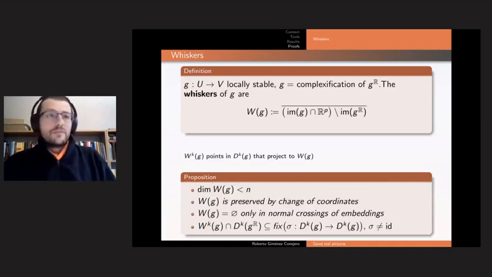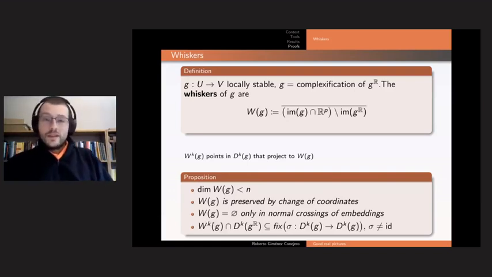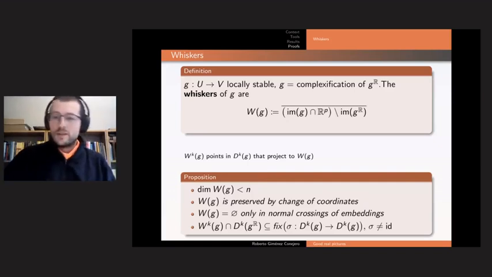And this is a bit more technical. Okay, so now we are taking the multiple point spaces, the multiple points that go to the whiskers. This is W^k. So these points that go to the whiskers in the image, the multiple points that give you only the whiskers, when you take the intersection with the actually real multiple points, this intersection is in some space fixed by some permutation.